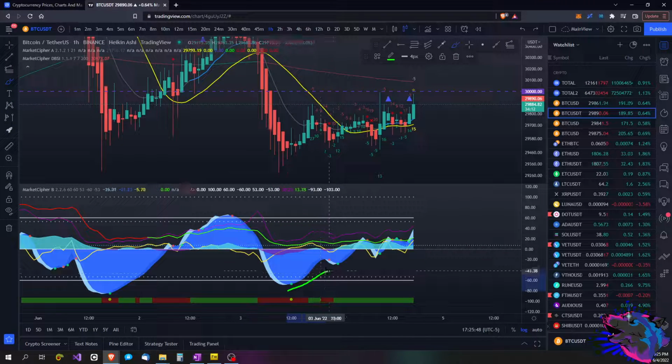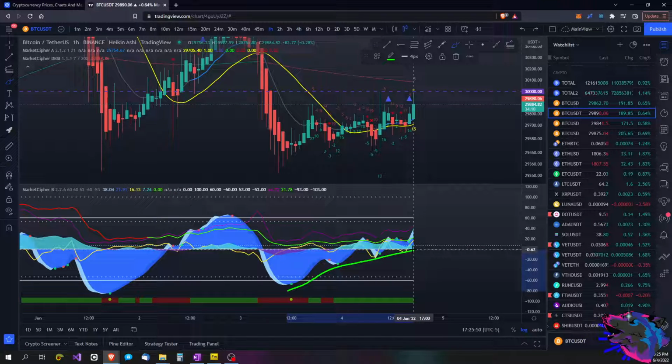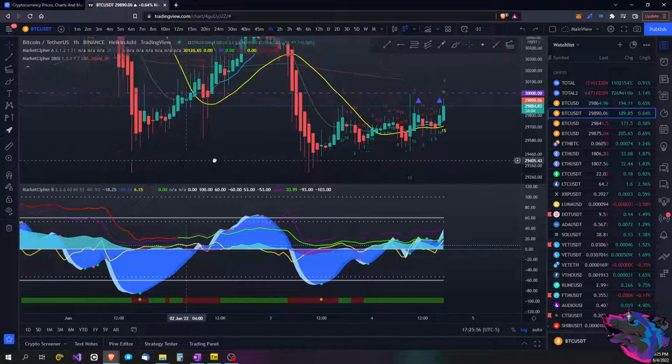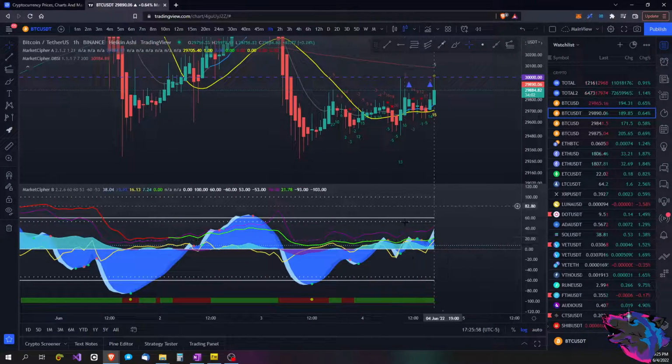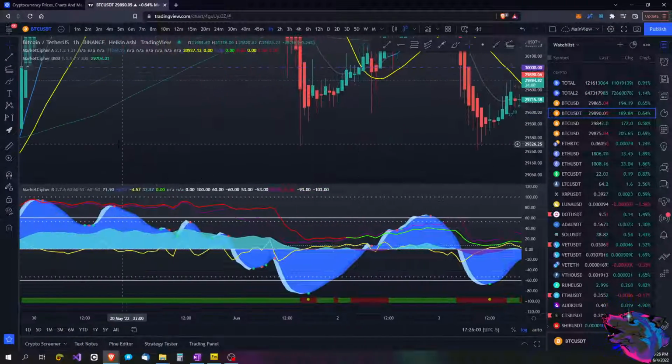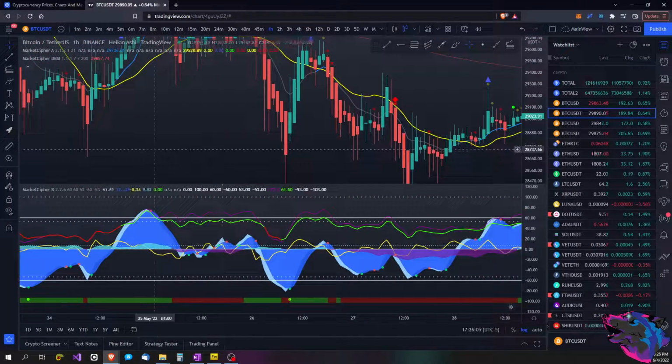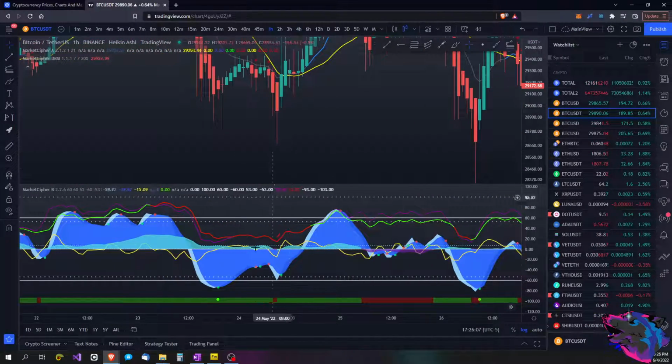Oftentimes when you start to see these kinds of situations, you get this big rejection momentum wave. This one has started poking out above, so it doesn't necessarily have to be the case. Let's see if I can find an example. Here's one where it didn't happen, but that was a little different.